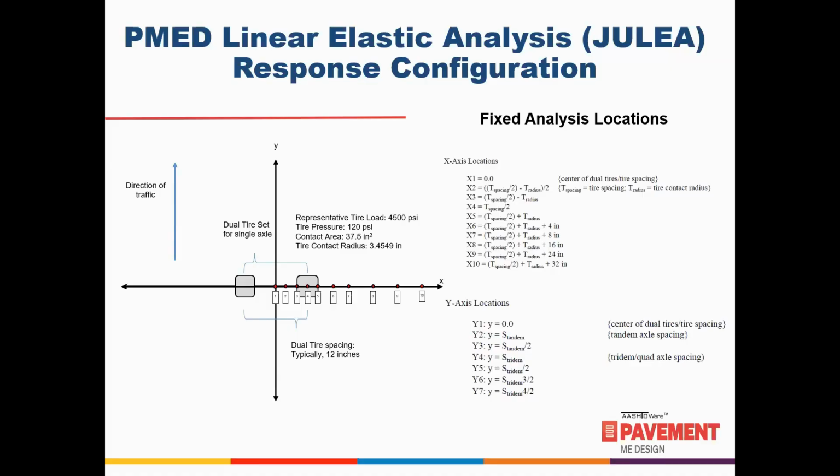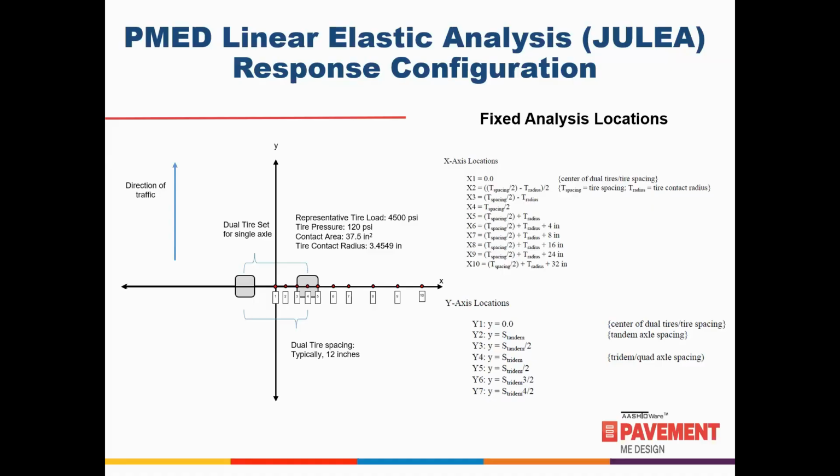So that's going to be derivative of whatever the tire load and the pressure is on there. Those locations along the x-axis are the points of analysis, and those are fixed. They are fixed based on what the tire spacing is and the tire contact radius.